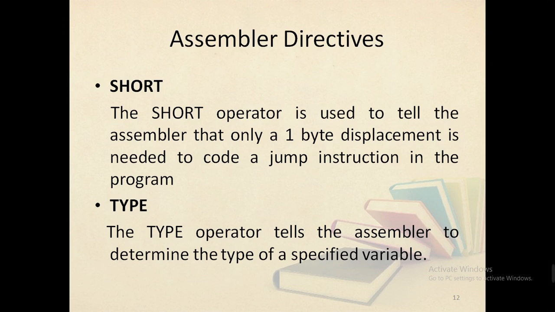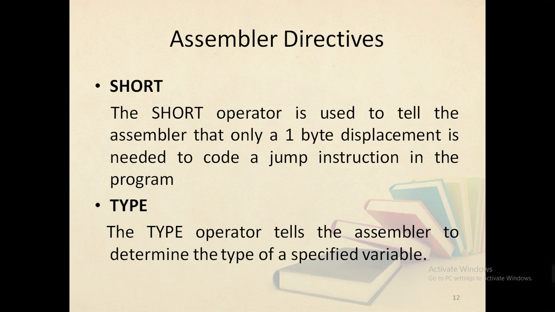The TYPE operator tells the assembler to determine the type of a specified variable. The assembler actually determines the number of bytes in the type of the variable. For a byte type variable, the assembler will give a value of 1. For a word type variable, it will give a value of 2, and for a double word type variable, it will give a value of 4.